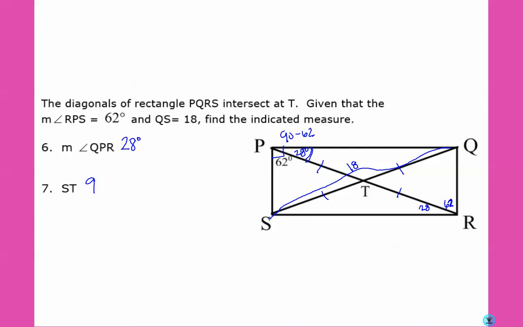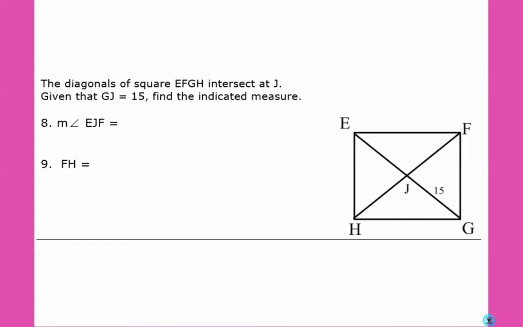And our final example. The diagonals of square EFGH intersect at J. Given that JG equals 15, find the indicated measures. Well, we know that if this is 15, this is 15, this is 15, and this is 15, because in squares, the diagonals bisect each other and the diagonals are congruent.